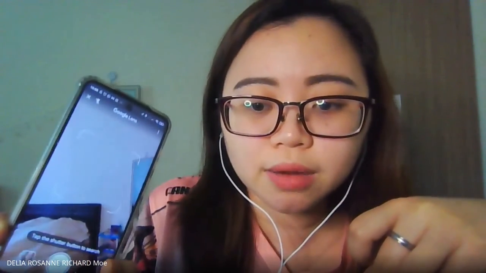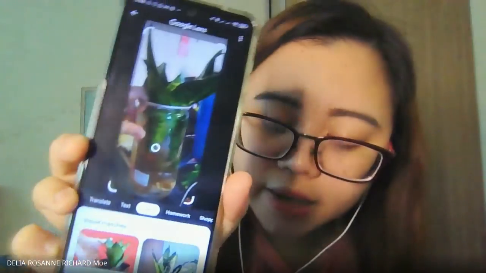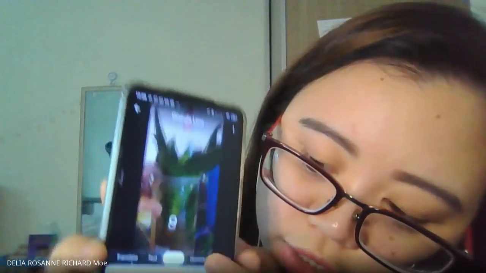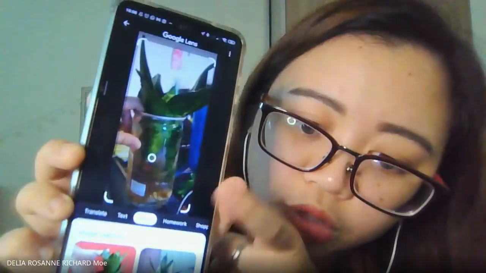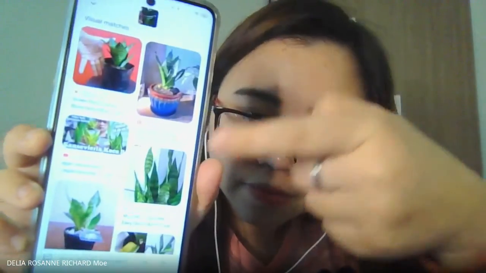You can take picture of your surroundings or upload a picture and dia macam terus search menggunakan gambar lah. Contoh, for example, I take a picture of this plant. Okay, I take picture of this plant. And then I can go and search. Then daripada result tu akan ada banyak option.